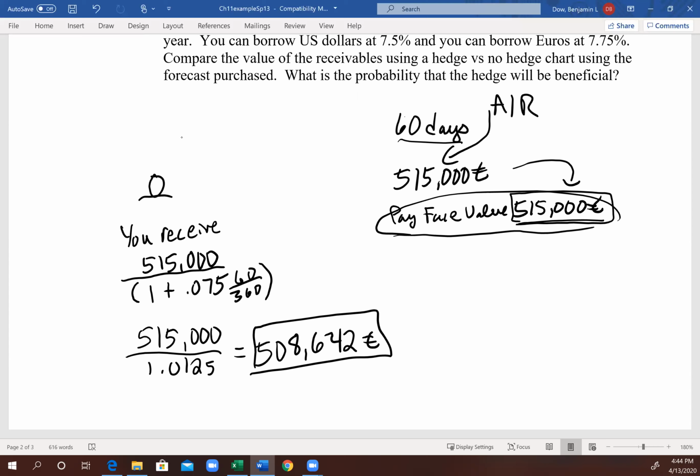Okay. So if they pay you 508,642 euros today, okay, you're going to use the accounts receivable to pay them back in the future. Okay. And what's nice is you know what the spot rate is. Since the spot rate today is known, you've eliminated your risk.